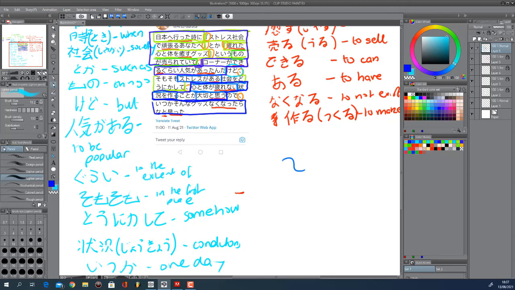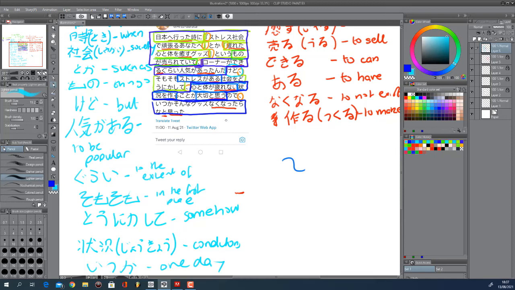So it's almost saying, because if we create a society where people are not tired, and in this stressful society, if we create those conditions, then these goods will not need to exist. And that's how the sentence basically runs within itself.